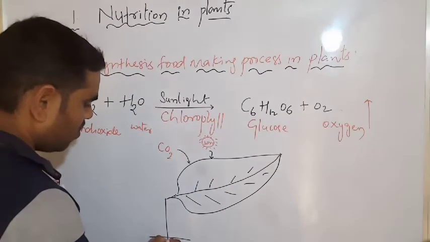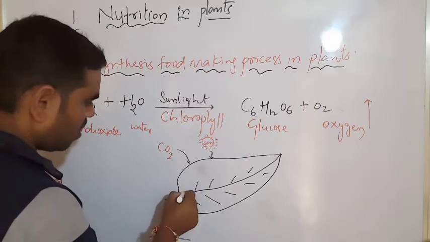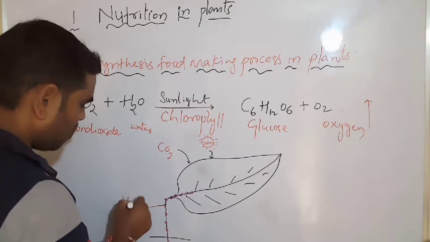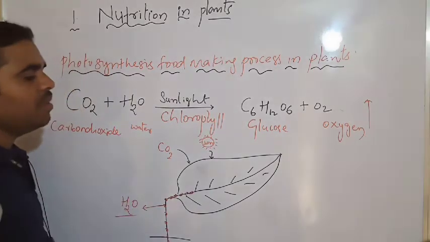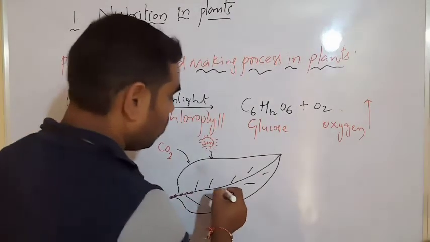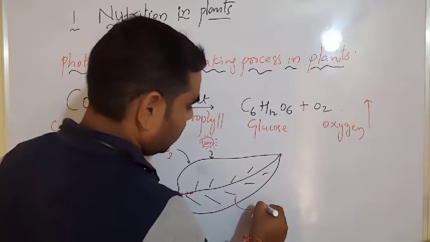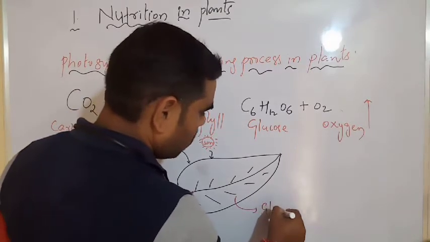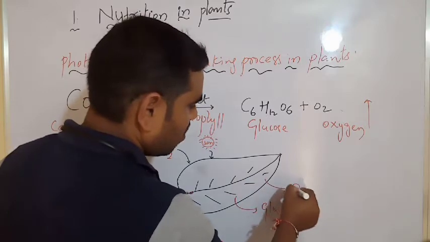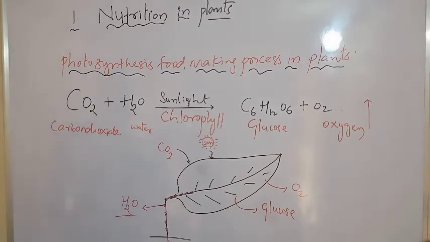This water is moving towards the leaves. This is H2O. And here it is preparing the output, glucose. Glucose is the output, and they release O2.